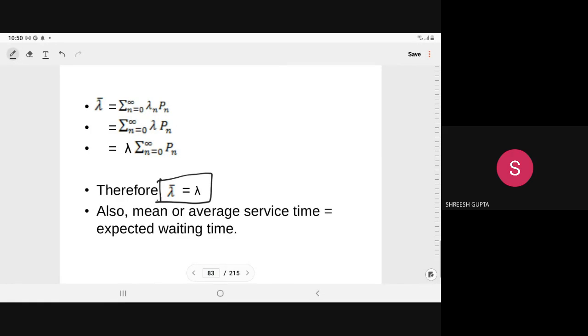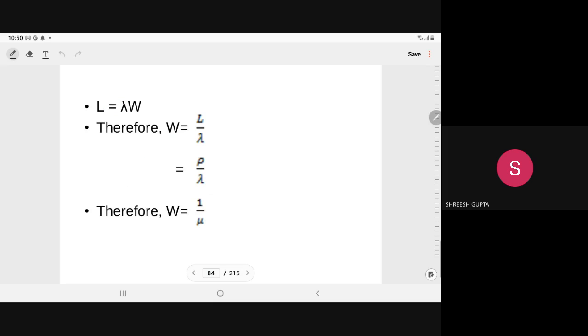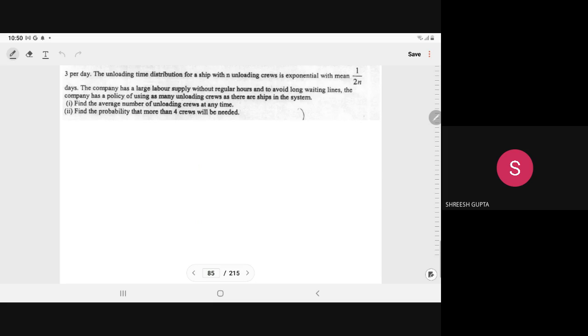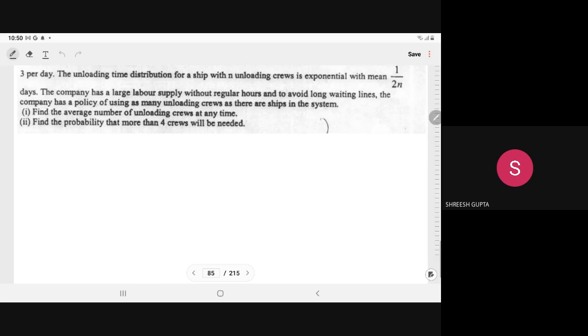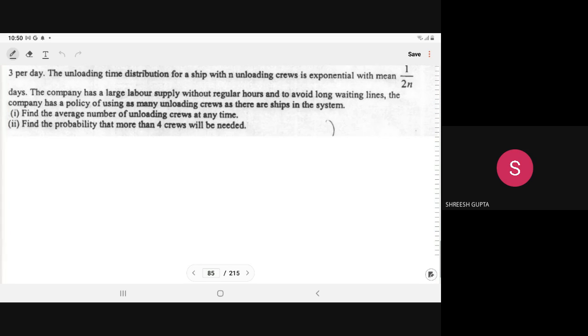Mean service time is the expected waiting time, that is W is equal to 1 upon mu, right? So that we have derived here. All the derivation part we have completed. Questions we will do in the next class.